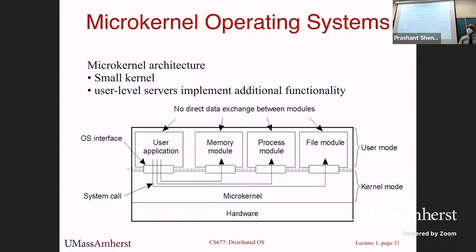So what happened as a result was the OS designers said, let's put some functionality back into the OS. Okay, just for performance reasons. Okay, but not everything goes back in. Some things still stay out, some things go back in. But now you have some sort of a hybrid between a monolithic architecture and a microkernel architecture with one difference.